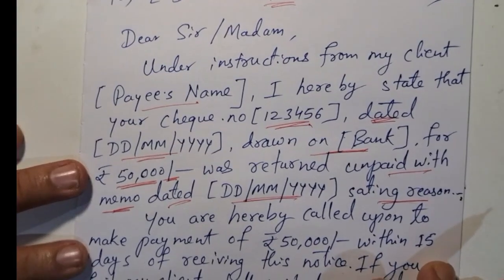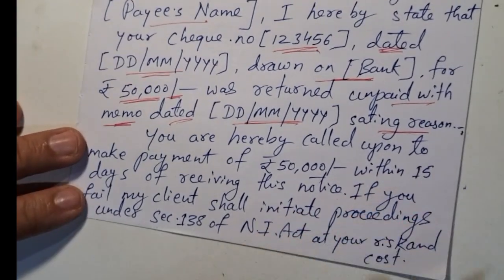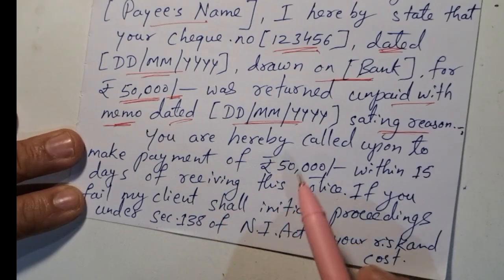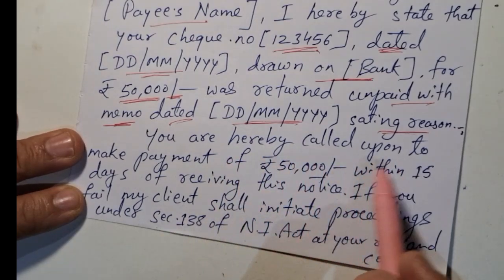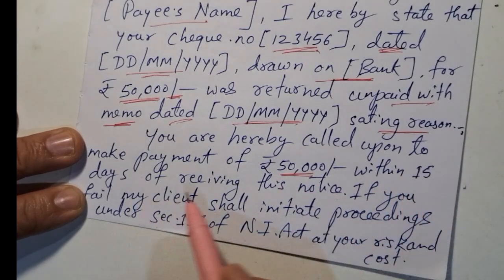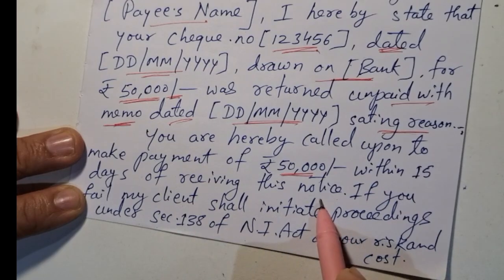You need to mention that in your notice, and you need to also make the demand, that is, you are hereby called upon to make the payment of the check amount, only the check amount, within 15 days of receiving this notice.